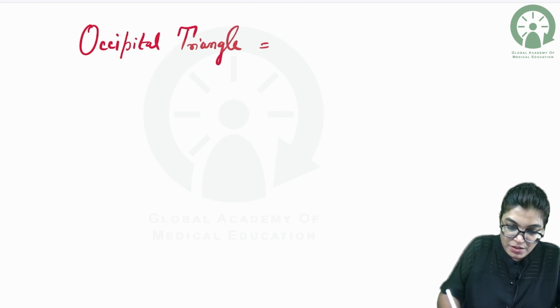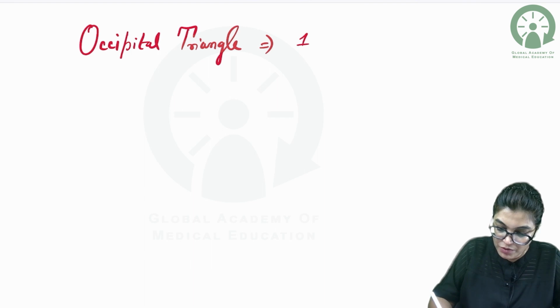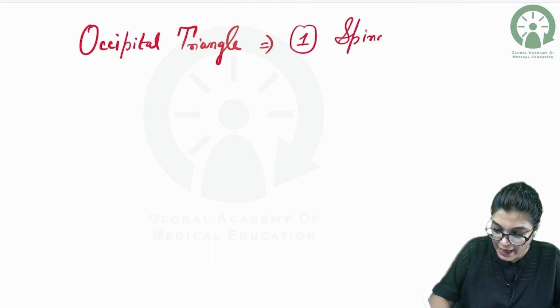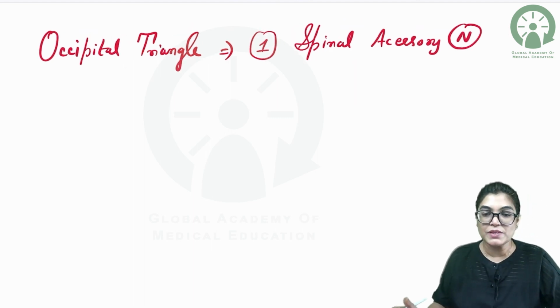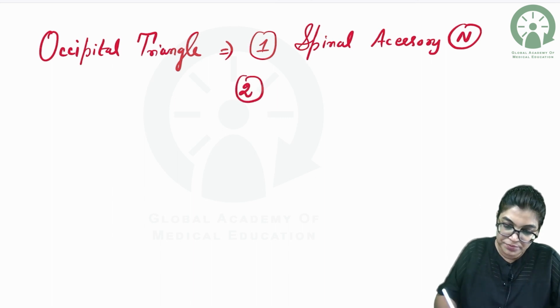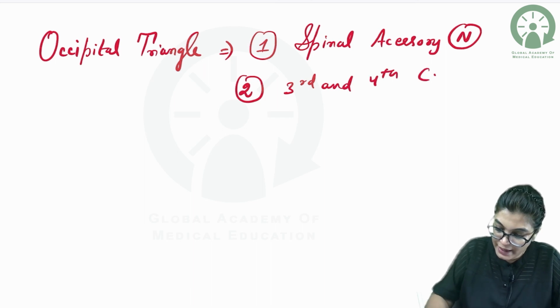So firstly, I would like to talk about the content of occipital triangle. The contents of occipital triangle are, one of the most important contents is spinal accessory nerve, sandwiched between the investing layer of deep cervical fascia and that of prevertebral layer of deep cervical fascia. Third and fourth cervical nerve directly.